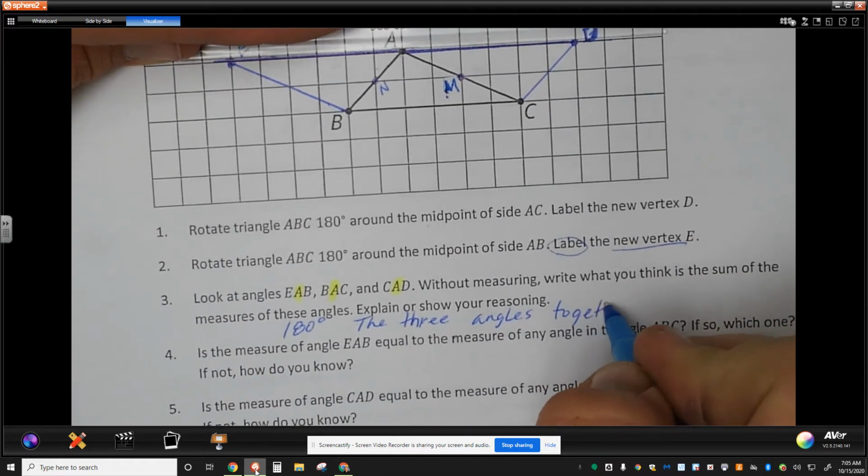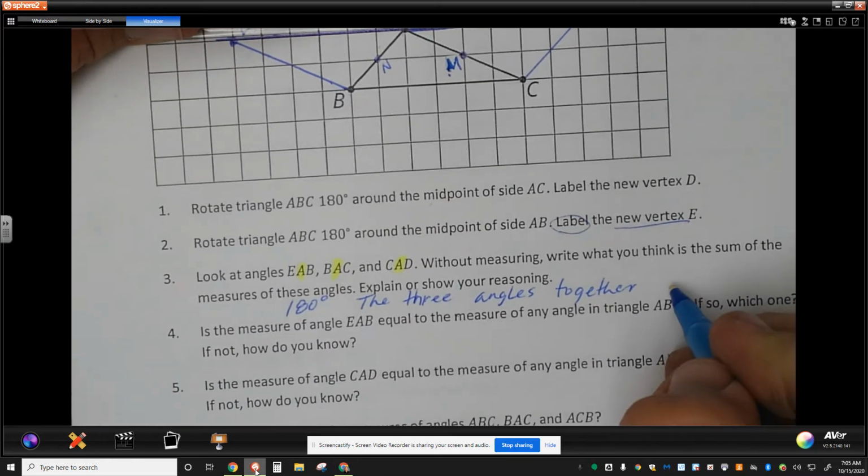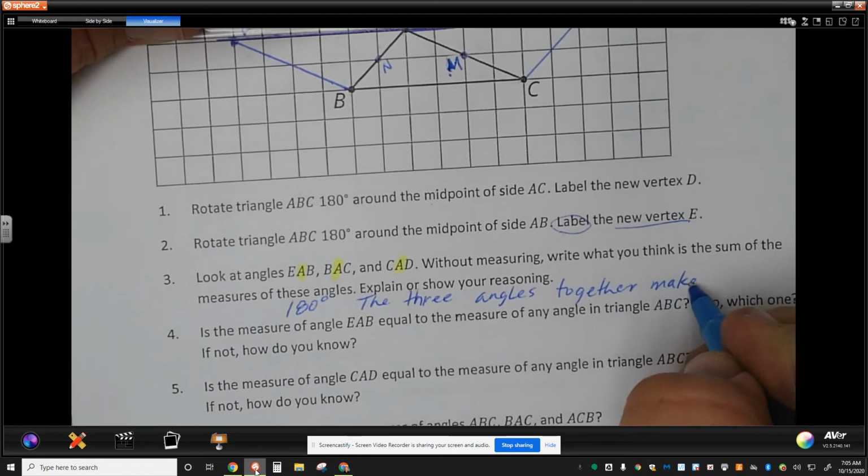So we're going to need to make sure we tell it the three angles together make a straight angle.